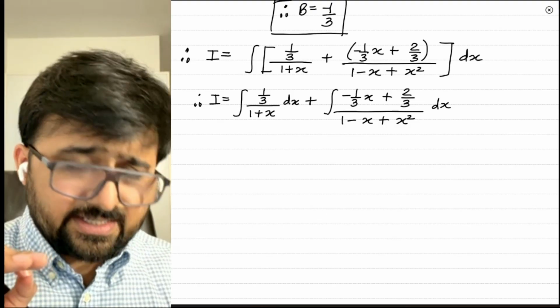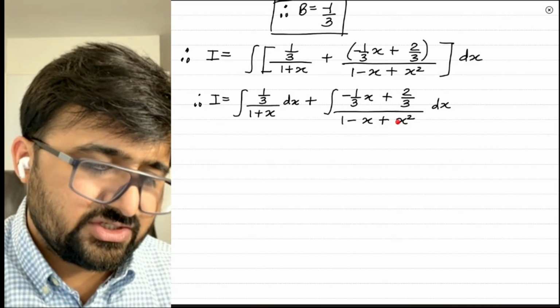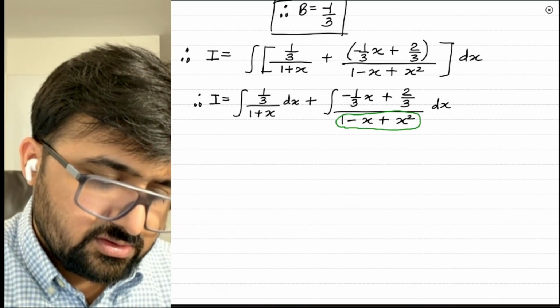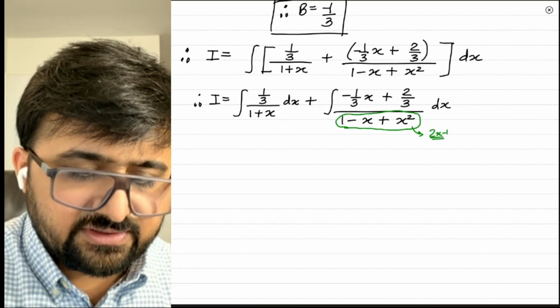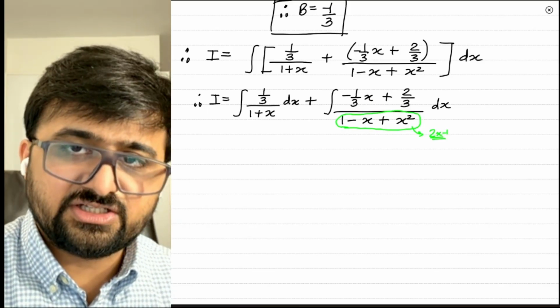Okay. Now, if you observe very carefully, if you look at the denominator, derivative of this denominator is 2x minus 1. Can we adjust that 2x minus 1 in the numerator?